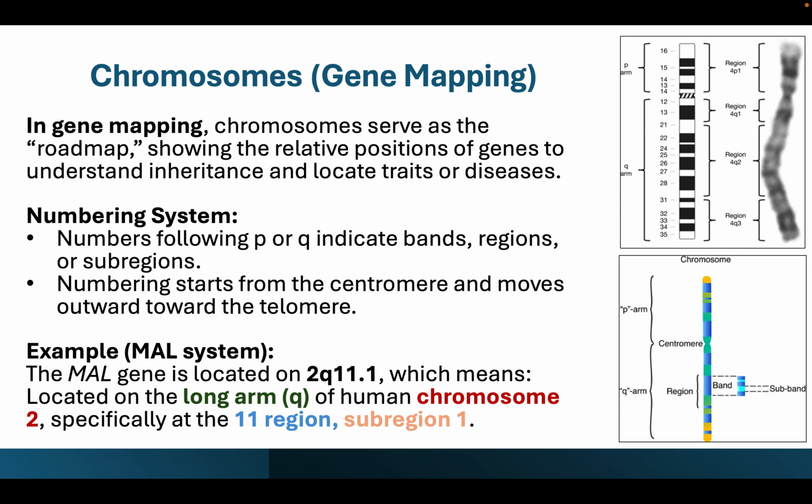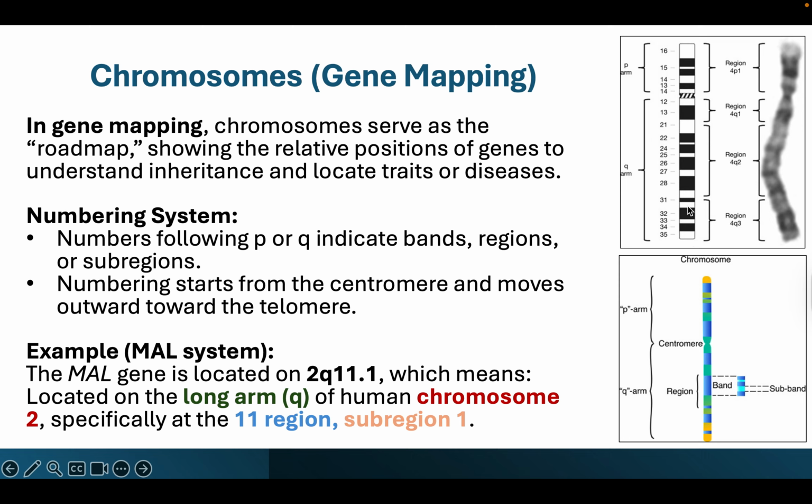Here is gene mapping. As you can see in the picture on the right, this is a chromatid, and with a specific stain it gives the look of white and black bands.